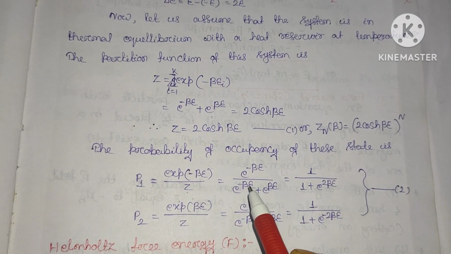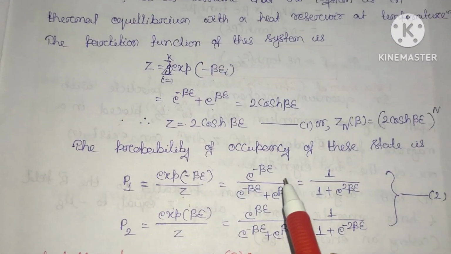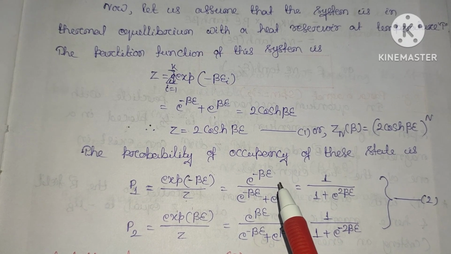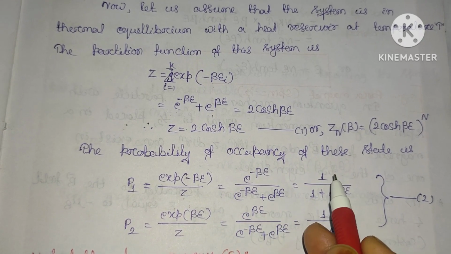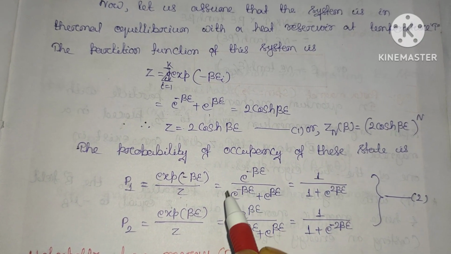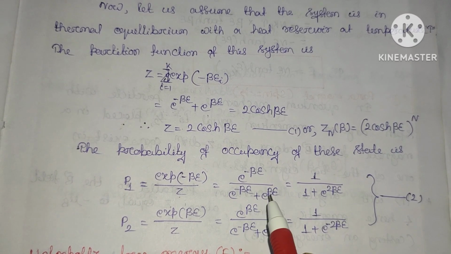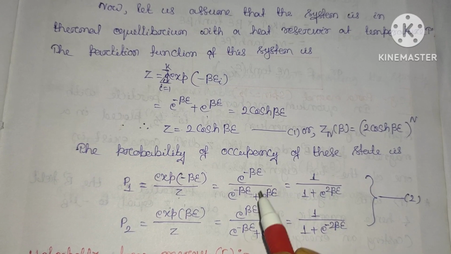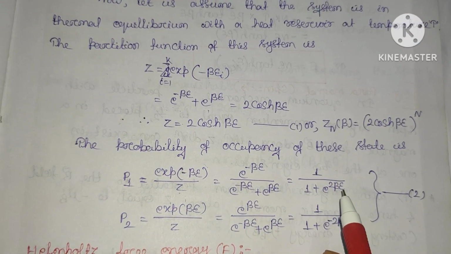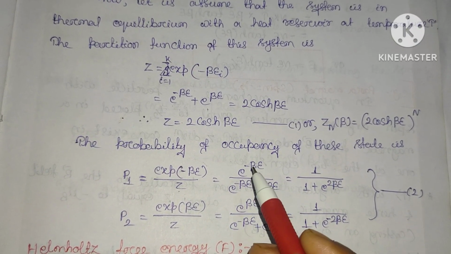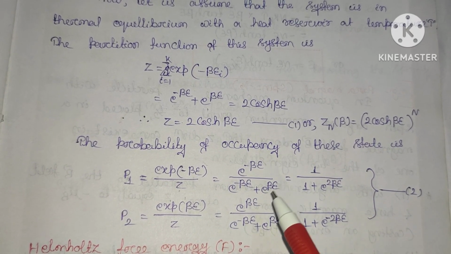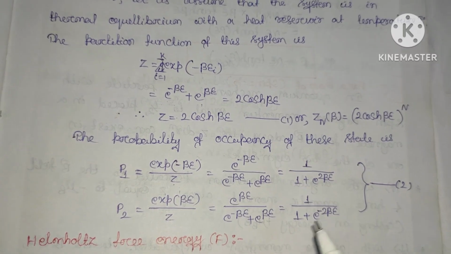If we divide by exponential minus beta epsilon in the denominator and numerator, we will get 1 divided by 1 plus exponential beta epsilon divided by exponential minus beta epsilon, which is exponential 2 beta epsilon. Here we have just divided by exponential minus beta epsilon in the denominator and numerator.